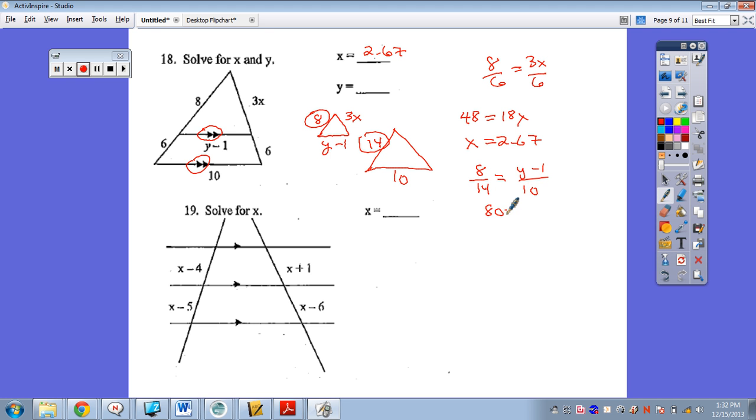You cross multiply like we've done before. 8 times 10 is 80. 14y minus 14. 80 plus 14 on both sides gives you 94 is equal to 14y. And then 94 divided by 14, y is equal to 6.71.